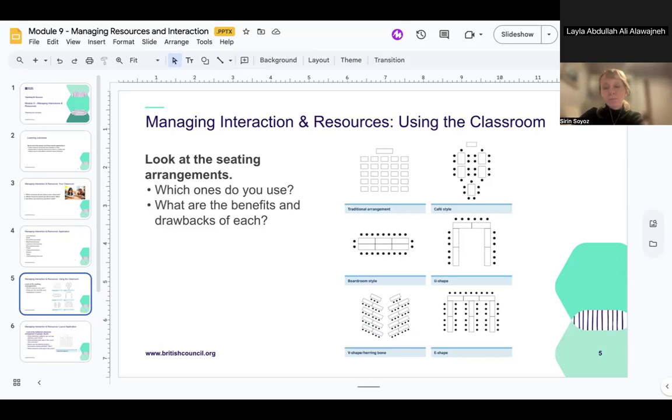But from the drawing that you posted here, I think it's another kind of U shape. It's similar to the U shape. I imagine the teacher can stand in front in the spaces between the students, and he will be the head of the classroom. But it's better than the traditional one.